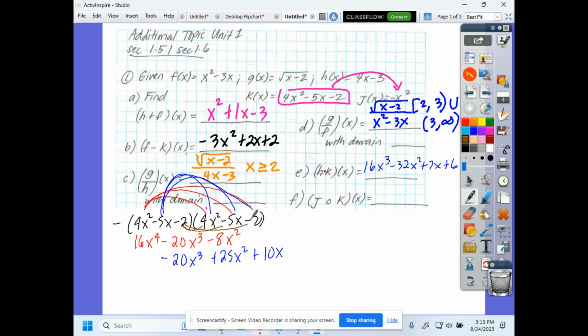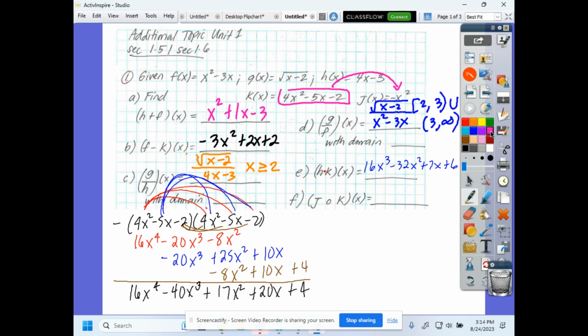Multiply to the 3 of them. So the answer here so far will be 16x to the fourth minus 40x to the third power plus 17x squared plus 20x plus 4.